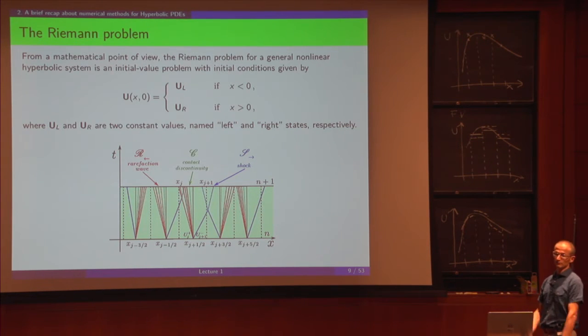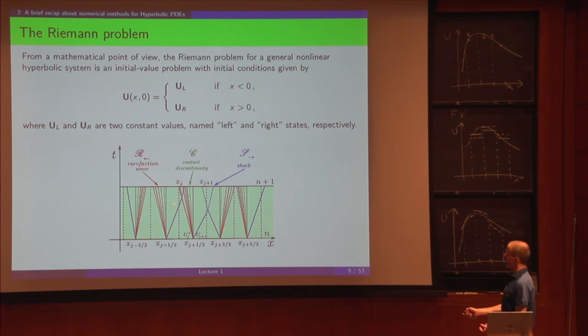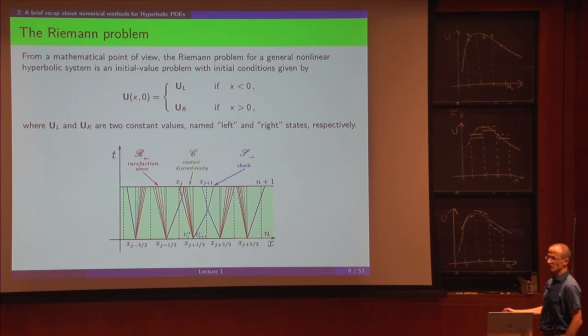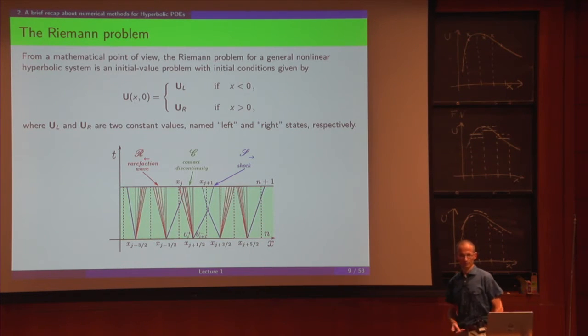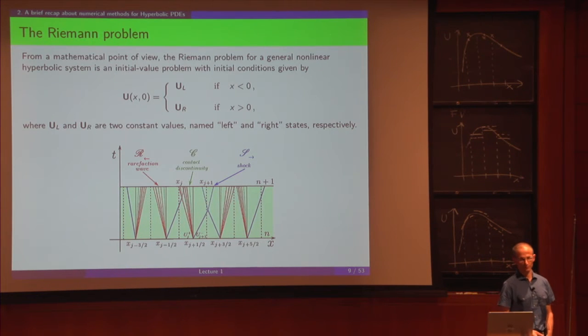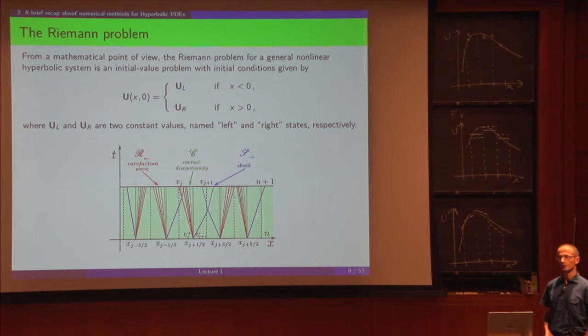Depending on the complexity of your PDEs, you will have a bunch of waves coming out: rarefaction waves, contact waves, shocks. In MHD, you have many of those. And you need to solve a Riemann problem. Of course, we don't want to use the exact solution of the Riemann problem. This would be computationally too expensive, even for classical Euler gas dynamics. So what is done typically is adopting an approximate Riemann solver.